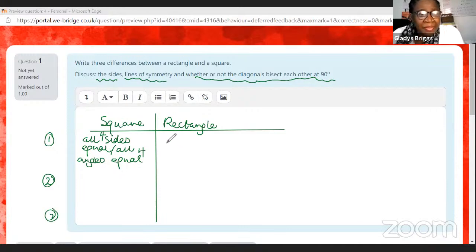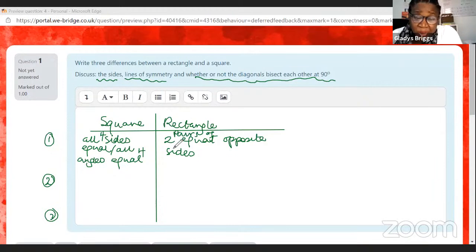A rectangle, a parallelogram, has 2 pairs of equal opposite sides, but it also has all angles equal to 90 degrees.